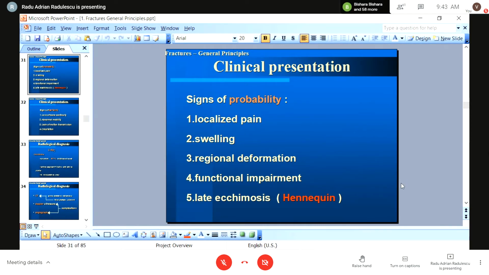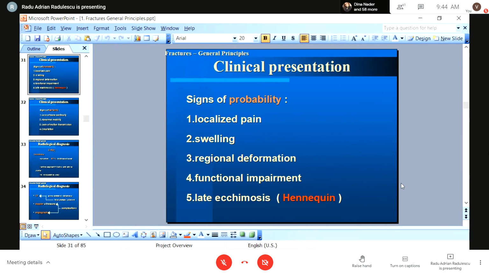First of all, probably the most common clinical sign of a fracture will be the pain. Every patient with a fracture will get pain. And the pain is localized normally at the level of the fracture site. So this will be the first orientation we may get for the physical examination for the fracture site.